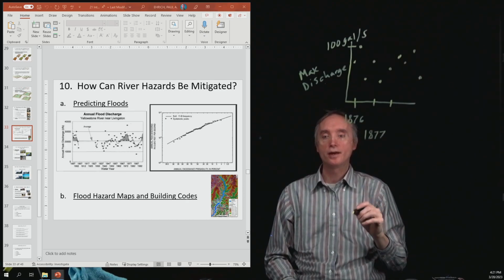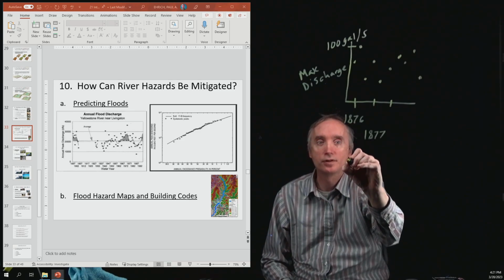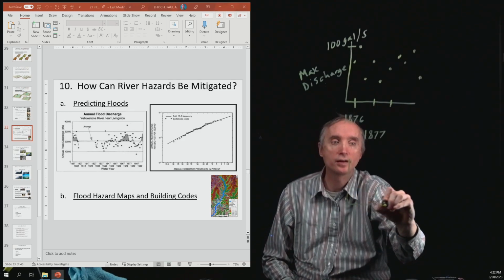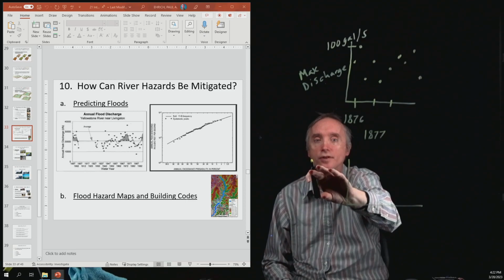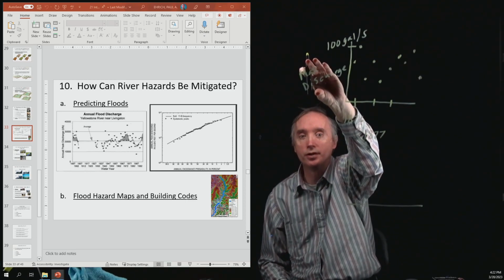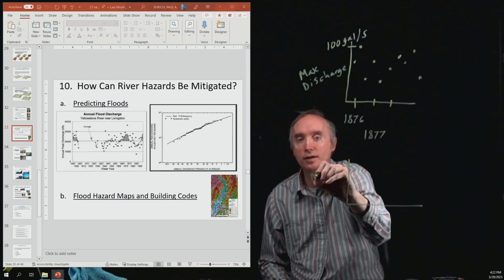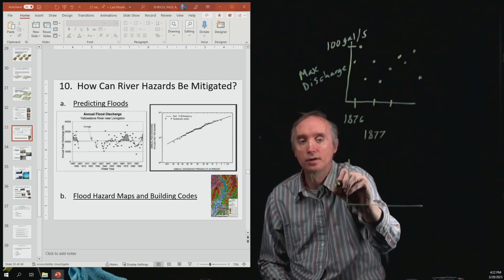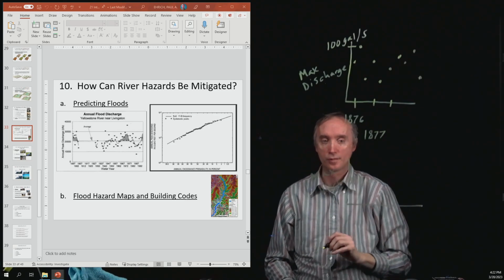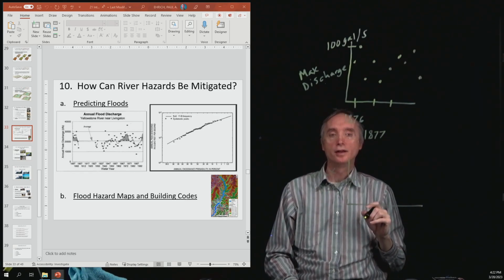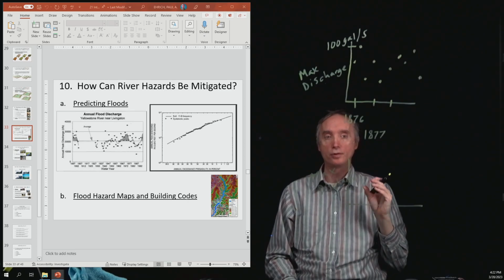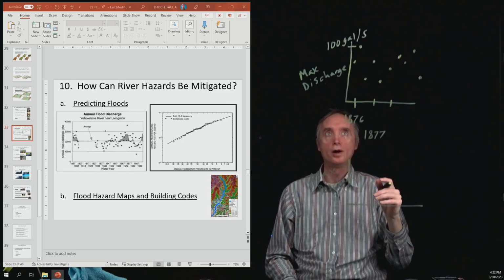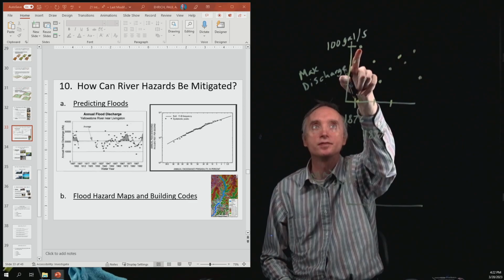Okay, now we're going to make up a second graph. Here is going to be our second graph. This side over here is going to be exactly what this one is, again the maximum discharge of the Yellowstone River. Now let's start off with our highest one, which is this one here.